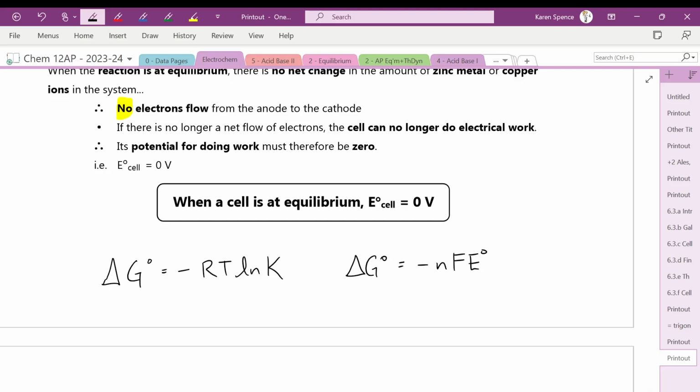On your formula sheet, there are 3 formulas for delta G. I have written 2 of them. What could you do with those 2 formulas? We can relate K to E naught. Yes? How would we do that?